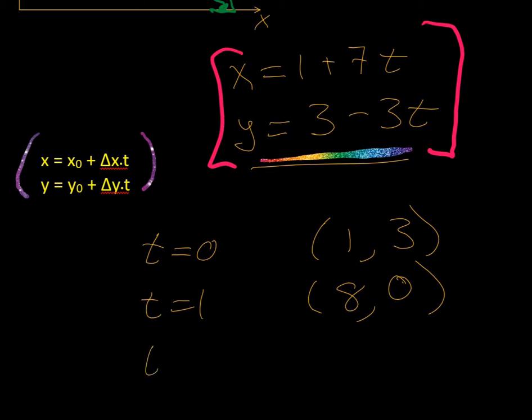Finally, if you were to go t equals 2, with a little more calculation you'd see that x increases by 7 more, so that's 15, and y decreases 3 more, so that would be -3. So every unit of time, x would increase by 7 and y would decrease by 3. This is just scratching the surface of where we're going in the course, but the two-dimensional equation is pretty straightforward.